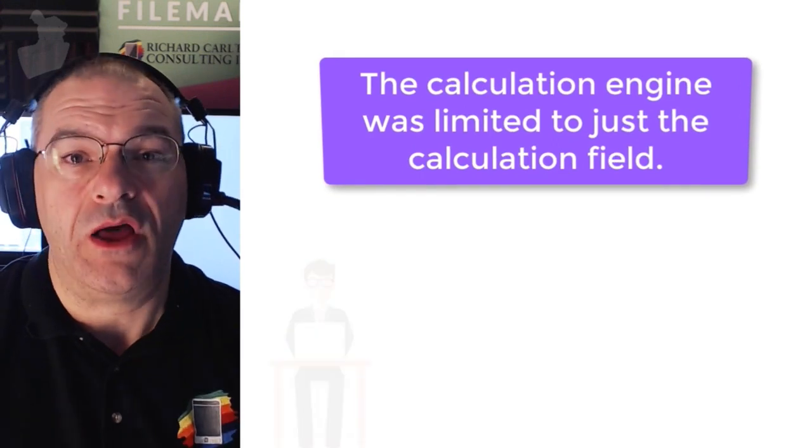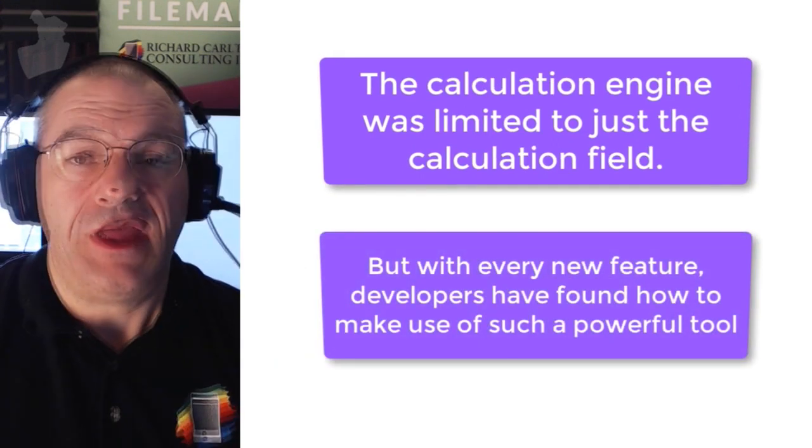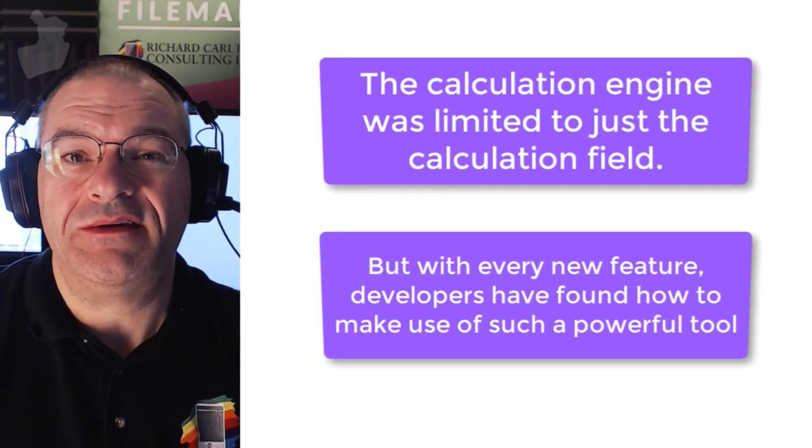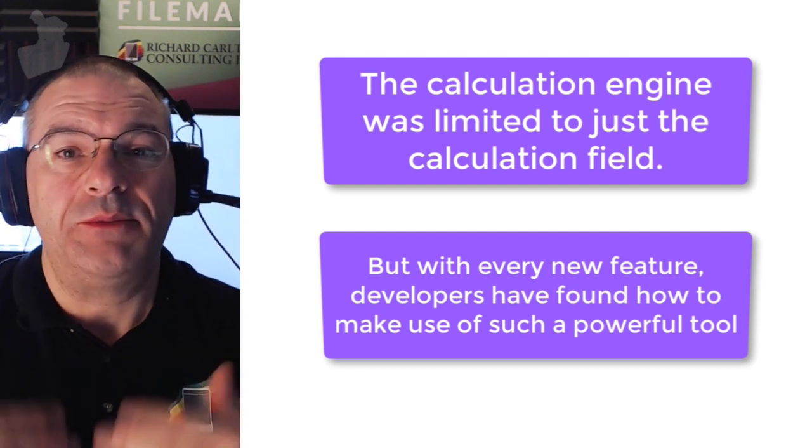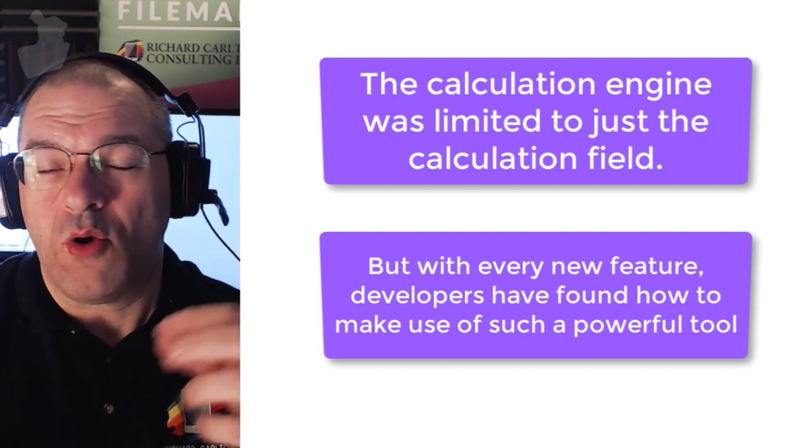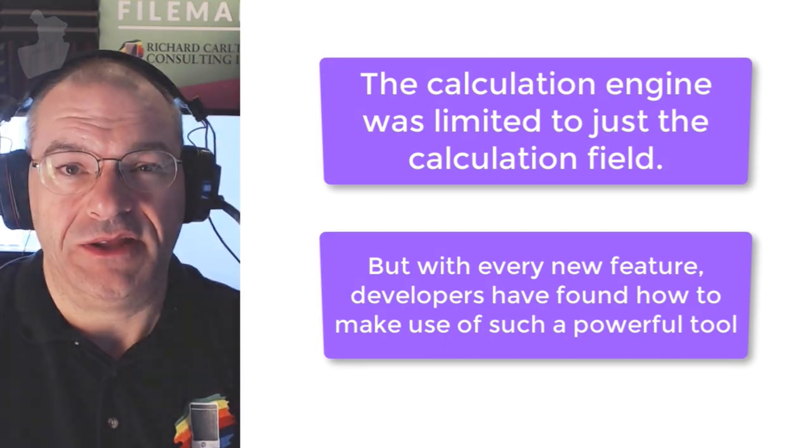But as time has gone on over the last number of years, every time a new feature comes out in the FileMaker platform, developers want to control it or manage it by using the calculation engine. In previous videos, we've talked about the calculation engine and how you can pop open the calculation workspace.